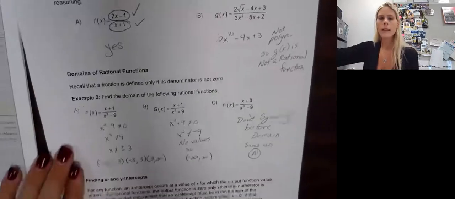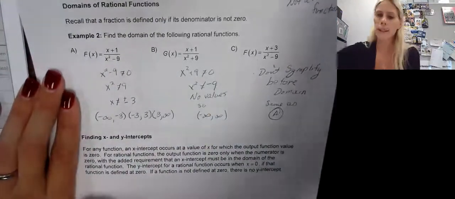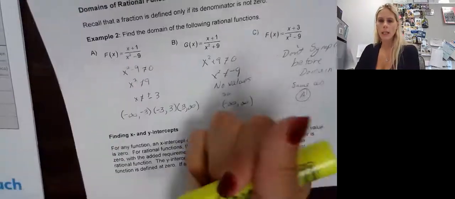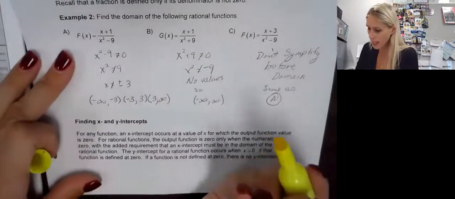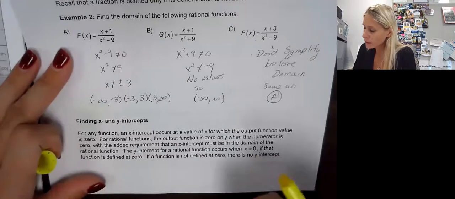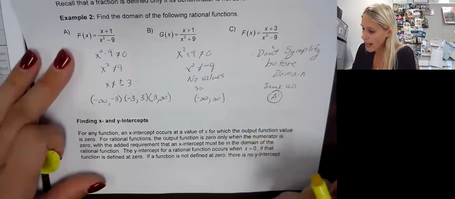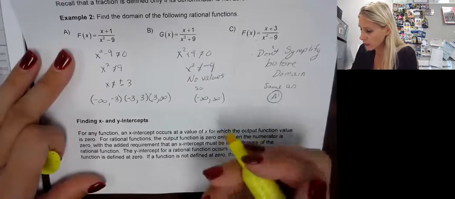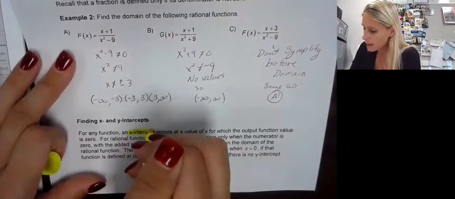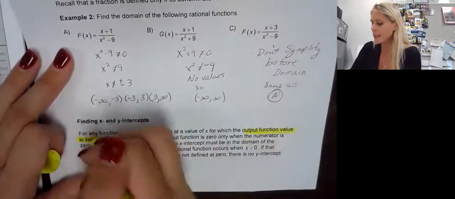All right, next at the bottom here, this reminds us of how to find x and y intercepts. So let me get my highlighter so we can highlight some good things. For any function, an x-intercept occurs at the value of x for which the output of the function equals 0. So the x-intercept is where the output value is 0.